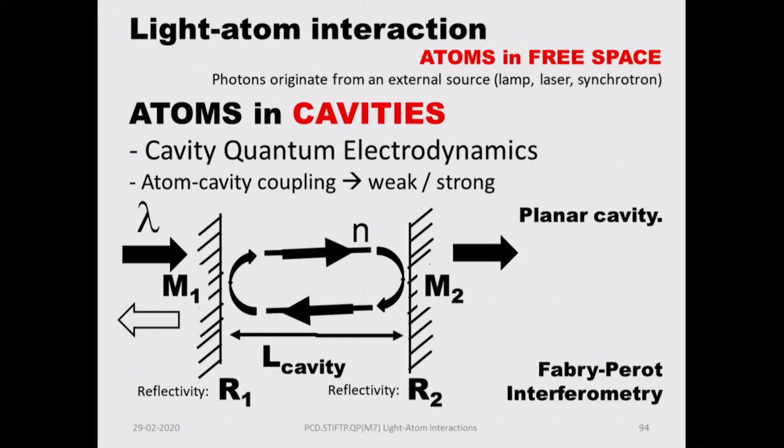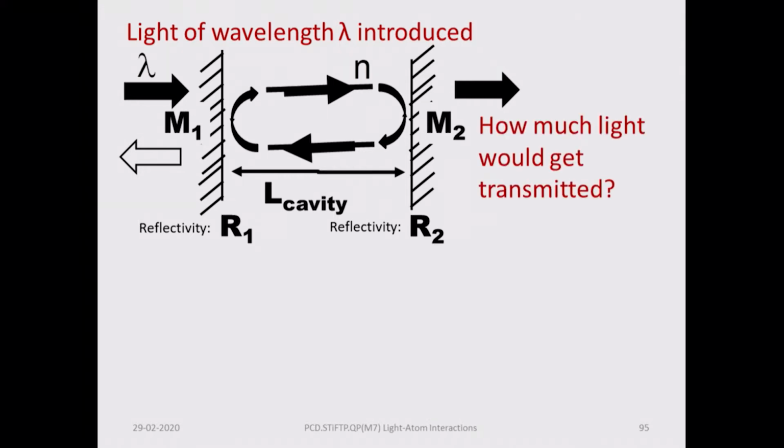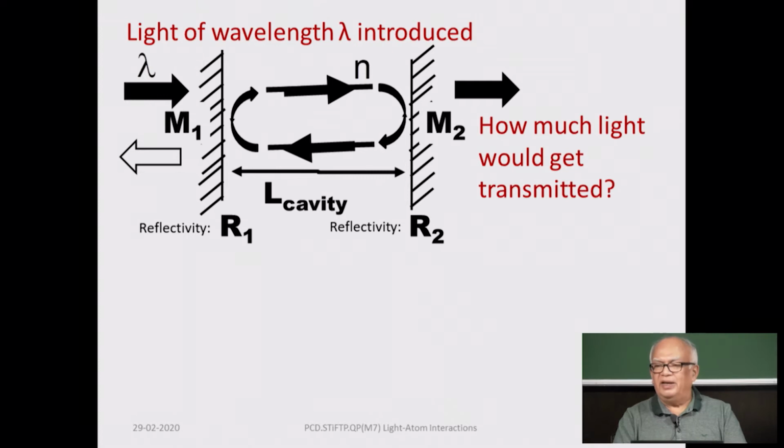And this is the same type of principle which is involved in Fabry-Perot interferometry, okay. So, you have got a certain light of wavelength lambda, and depending on the length of the cavity, as I mentioned, one of these mirrors is fully reflective, the other one is partially reflective, and a certain amount of light can be extracted from this.